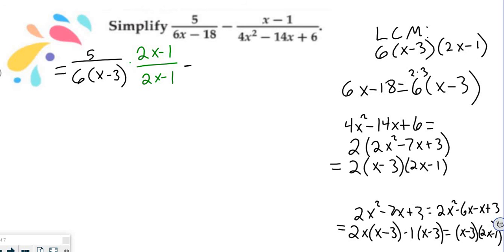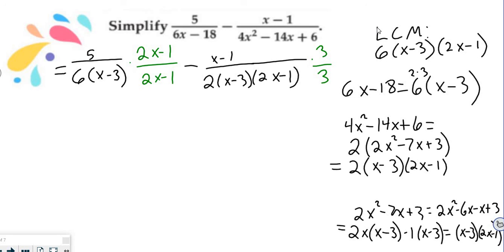Same if we write our second one in factor form. We have 2 times x minus 3 times 2x minus 1. So what are we missing? Just a 3. Do we agree? So we have to multiply that to the top and the bottom. Well, that's nice.